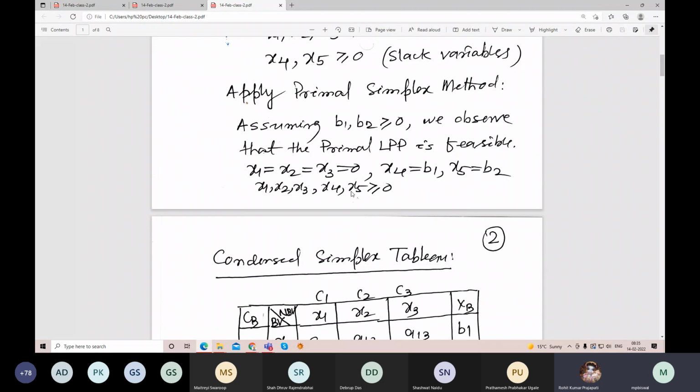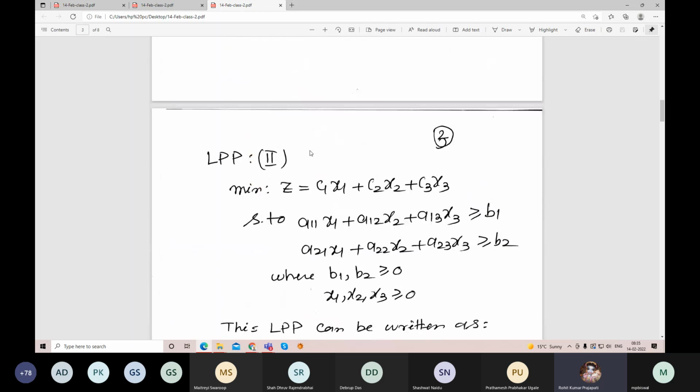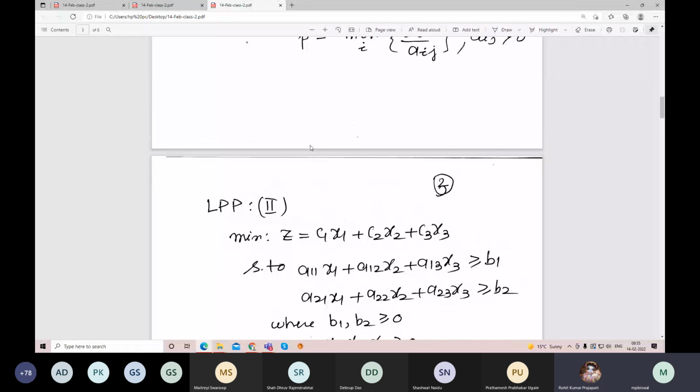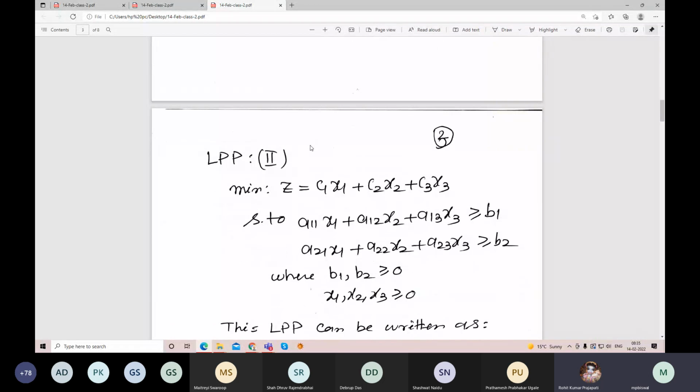Okay, right? So we are coming to LPP type 2. This is the problem. Minimize Z equal to. You will ask me, sir, if it is primal, it is dual, so why everywhere x1? The reason is, my variables are all x.